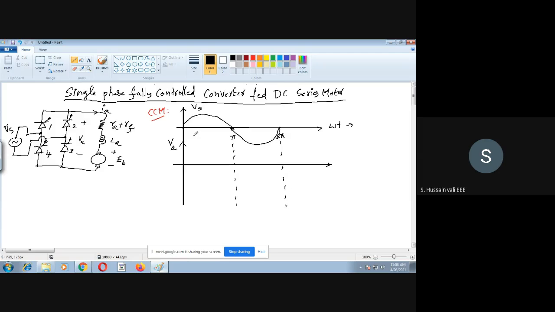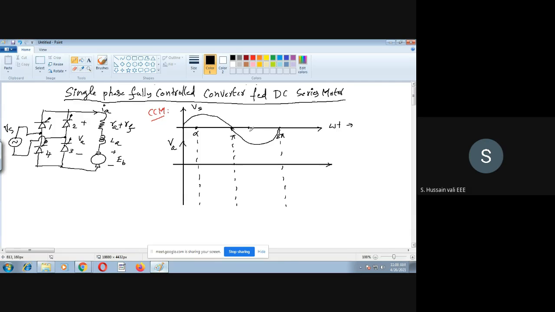Then you have a firing angle alpha, just like in the previous topics. So you have alpha, and then here you have pi plus alpha.